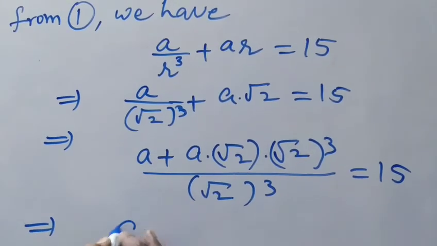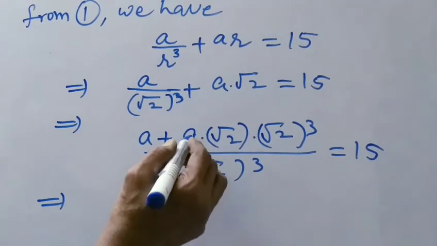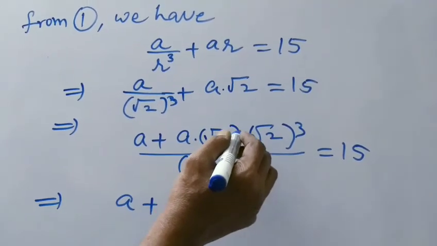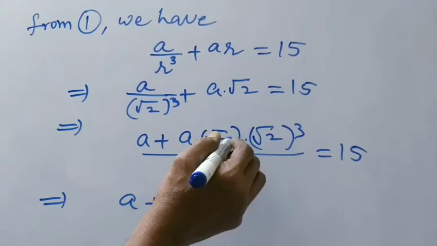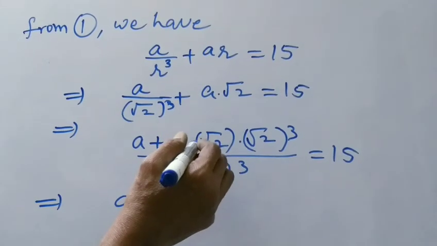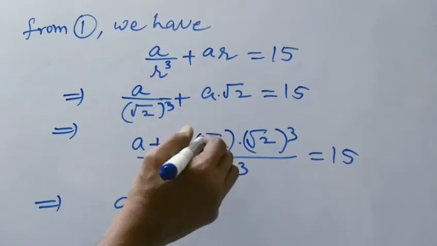And a·root 2 into (root 2)³ becomes (root 2)⁴, which is root 2 into root 2, root 2 into root 2, 2 twos are 4.